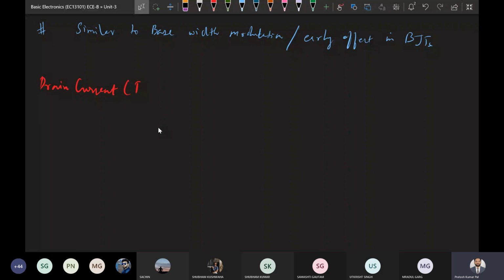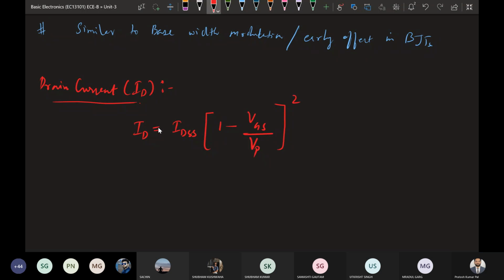The drain current, that is ID, is given by the equation ID equals IDSS times (1 minus VGS divided by VP) squared. Here VP is called the pinch off voltage.